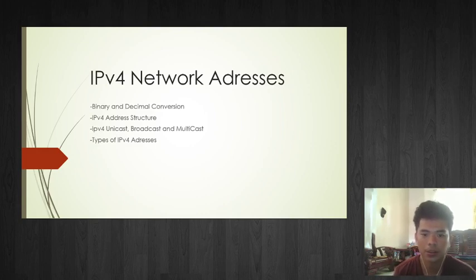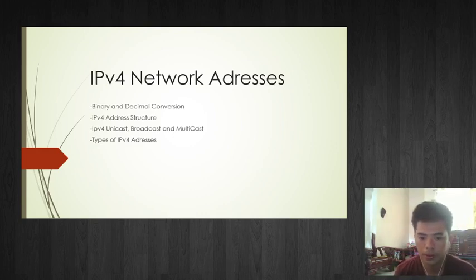Unicast packets use the address of the destination device as the destination address and can be routed through an internetwork. Note that in this course, all communication between devices is unicast unless otherwise noted.